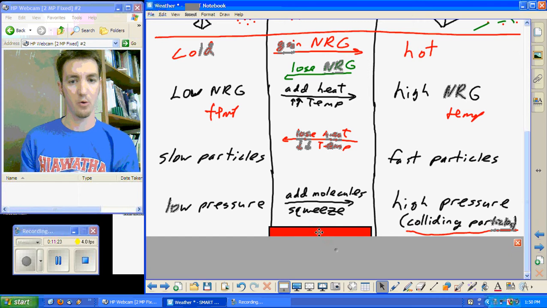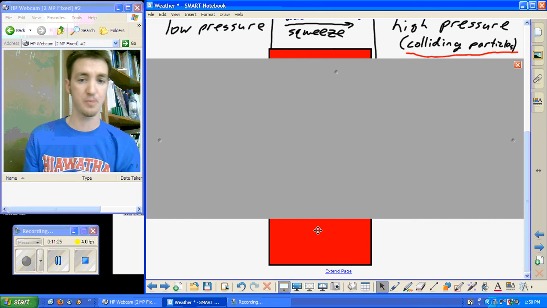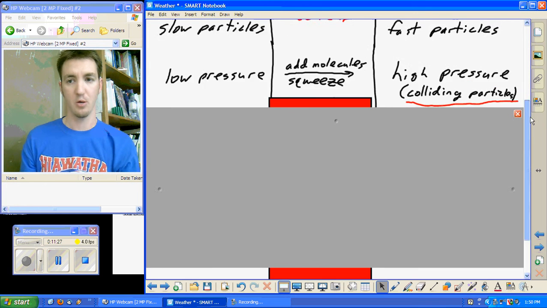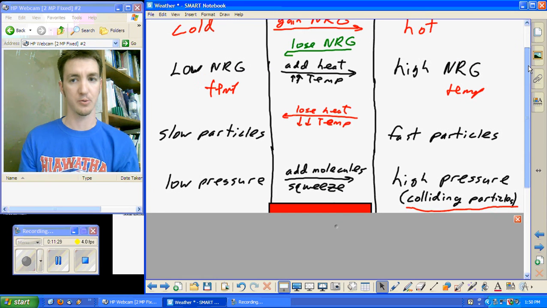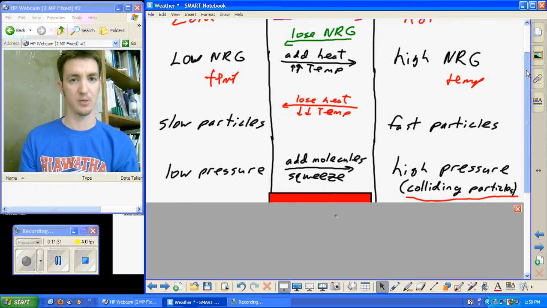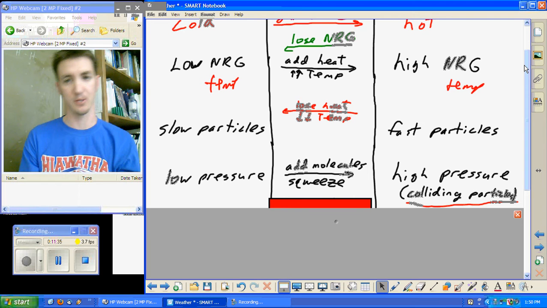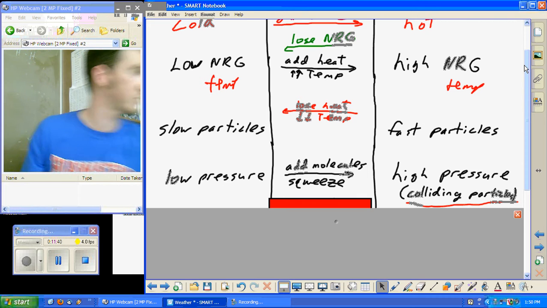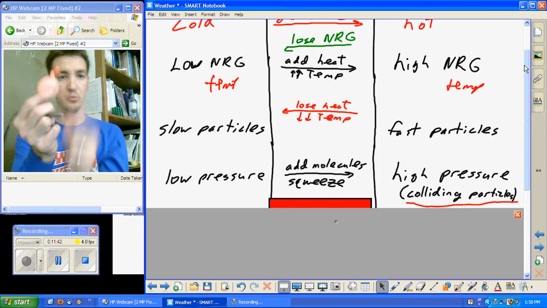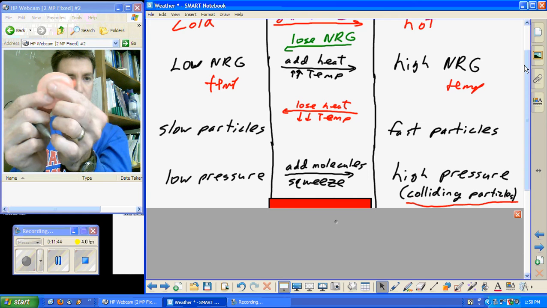Okay, but overall, how to change the pressure with these, one way would be to add some more molecules. So if you have 3 kids that you throw in a room and they walk around and don't hit each other very much, if you have 20 kids, they're going to collide a lot more. So add molecules, or the other way is to squeeze it. So if you have a little balloon, if you want to add pressure, just squeeze.